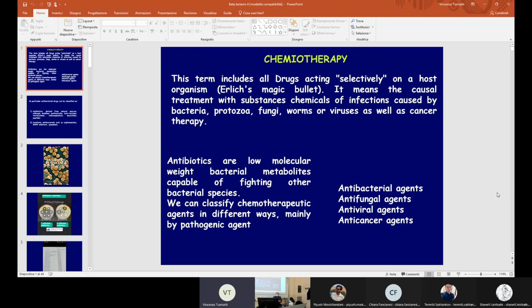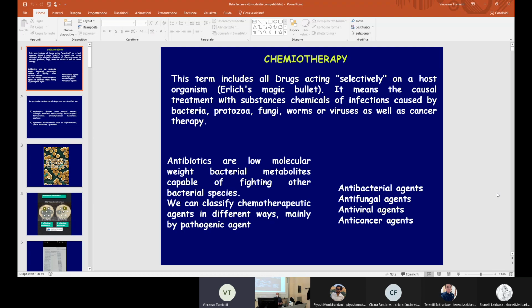The first concept of this chapter is the concept of chemotherapy. Normally, when we say chemotherapy, we indicate the use of particular compounds to kill cancer cells. But this term in medicinal chemistry and also in pharmacology is wider.